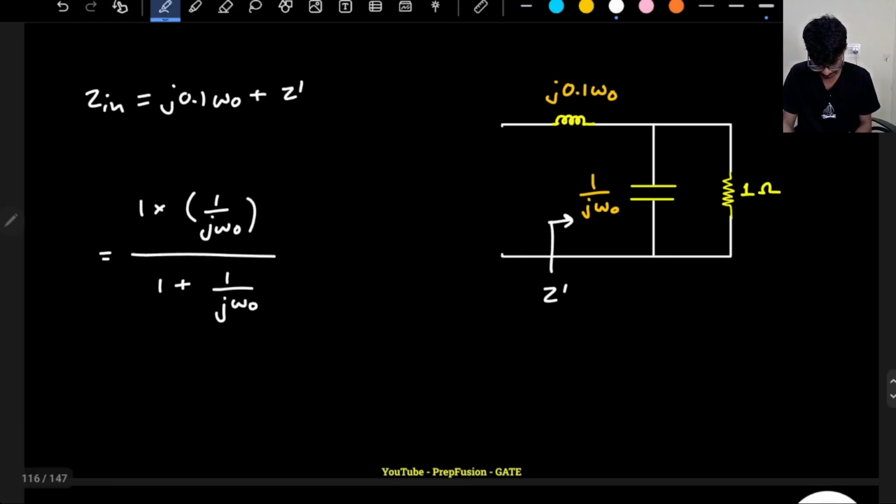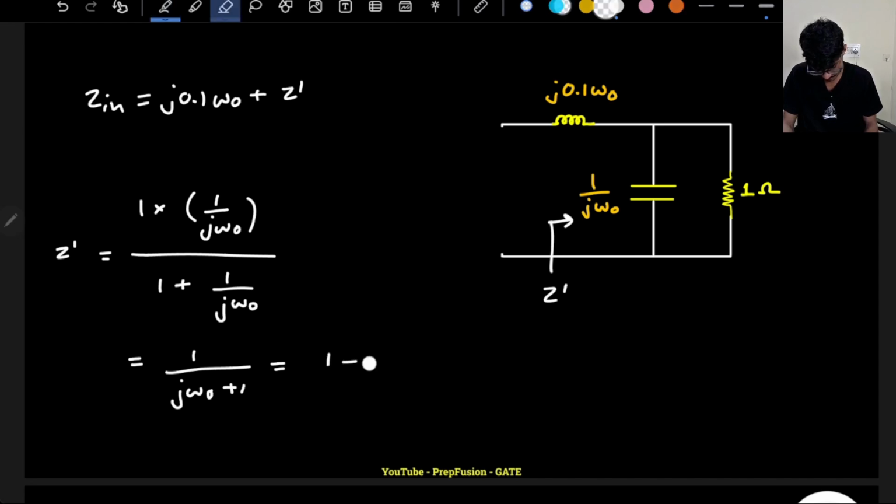So this will be my Z dash. If I write this properly, this will be 1 divided by j omega naught plus 1. This will be equal to 1 minus j omega naught divided by 1 plus omega naught whole square.